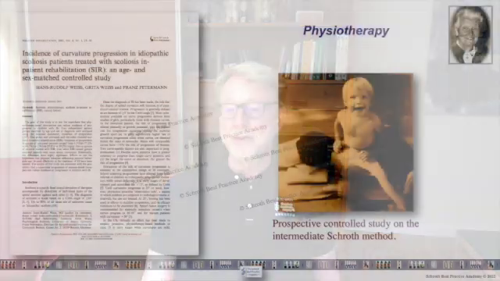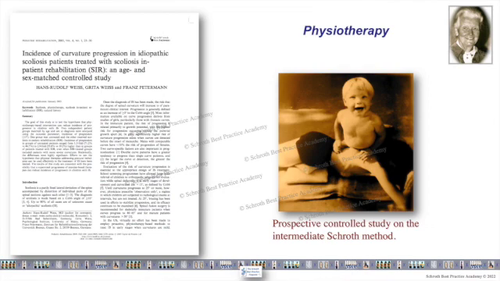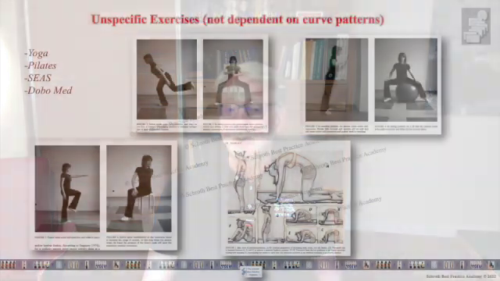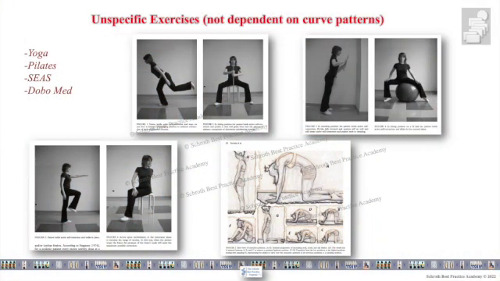However, only pattern-specific corrective exercises such as Schroth and Schroth Best Practice have been scientifically validated at such a higher level. Non-specific exercises such as SEAS, Dobomed and others have not been sufficiently scientifically evaluated.